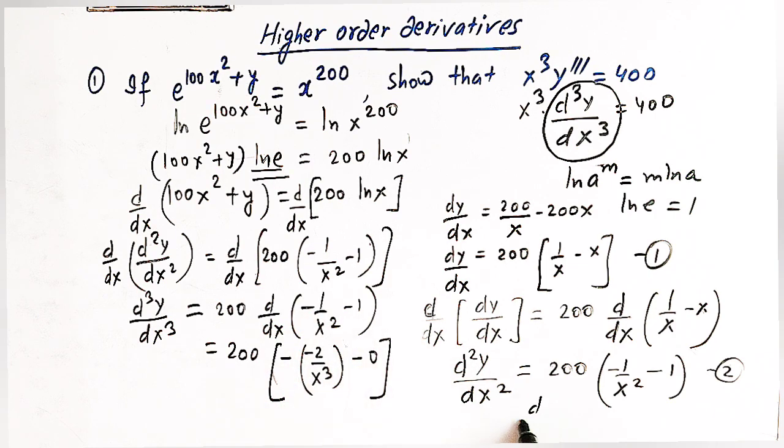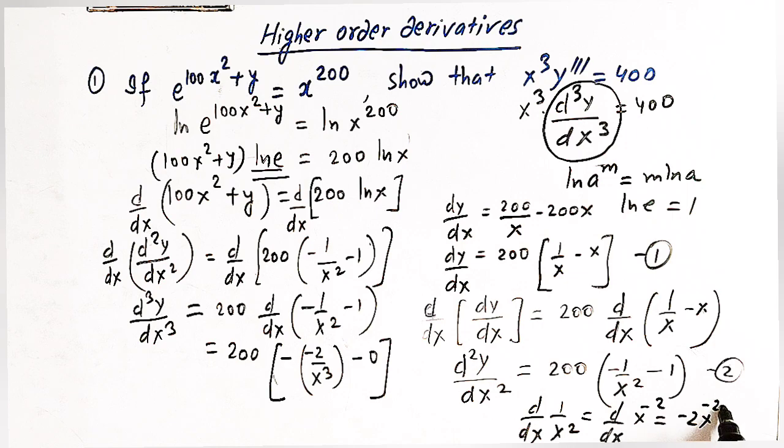The derivative of 1 over x square can be written as d by dx of x raised to minus 2. So this is minus 2 times x raised to minus 2 minus 1, which is minus 2 times x raised to minus 3, that is minus 2 over x cube.